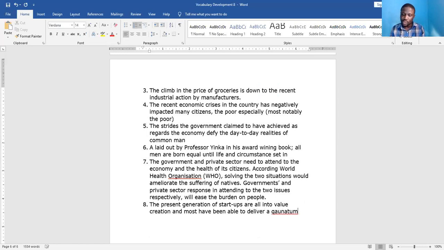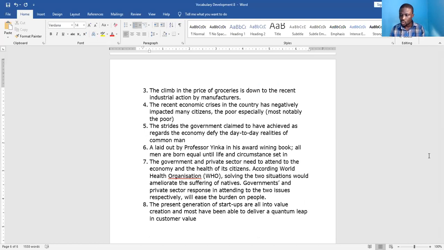When you are using quantum, you are saying something very large. Yes, very, very inestimable. Okay. And most have been able to deliver a quantum leap in customer value.